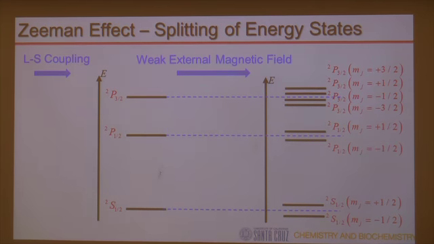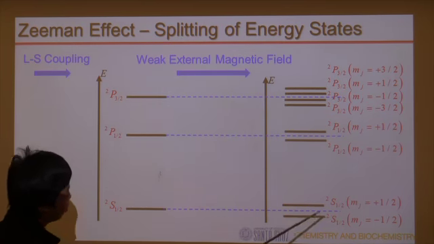Because the possible values for MJ are from negative J to positive J with an interval of 1. Again, here J equals 1/2, so from negative J, negative 1/2, to positive J, which is positive 1/2, with an interval of 1, it's just two numbers. So this energy state will split into two.